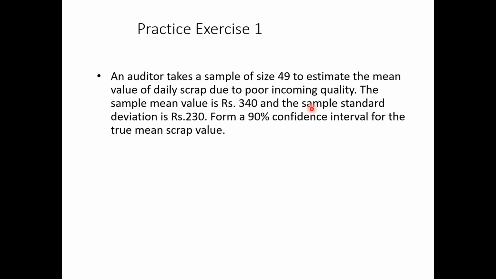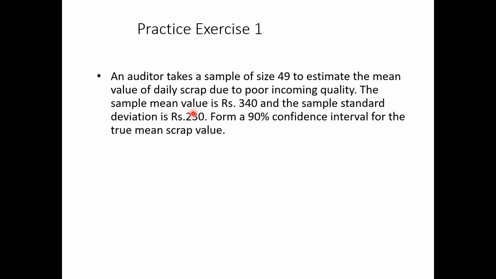Note the word: the sample standard deviation is given, the population standard deviation is not given. So we will choose the option of sigma unknown. The sample standard deviation is 230 rupees and we have to form a 90% confidence interval for the true mean scrap value. So we have to remember these three: 49, 340 and 230.